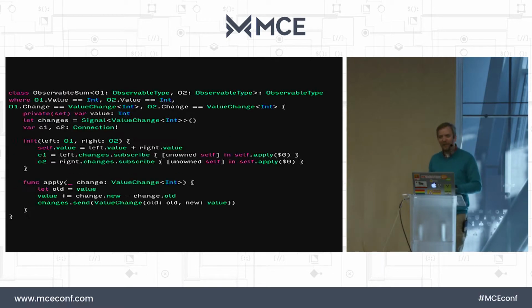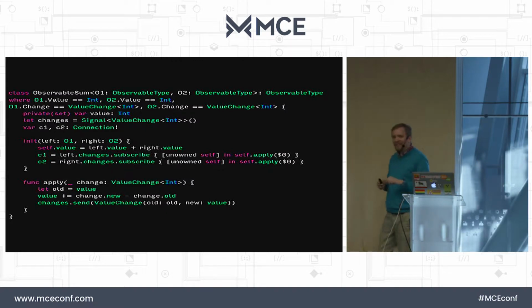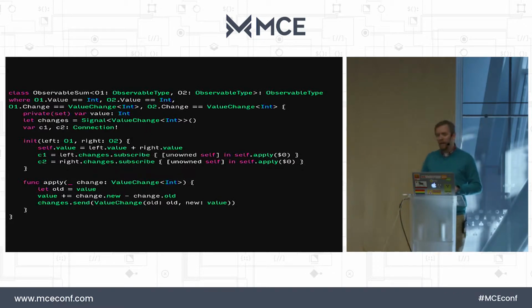All right, here's the code for it. It's not really simple to write it. It's a lot of code, a lot of syntax, especially all these where clauses. But once you have written this, it works, and you only need to write it once, and you can reuse it over and over again.